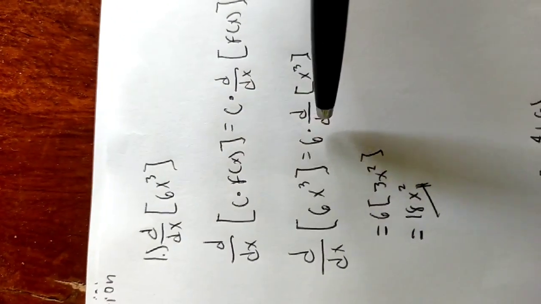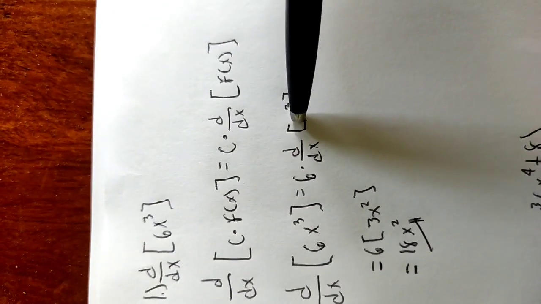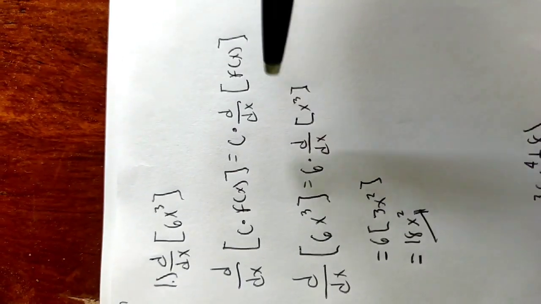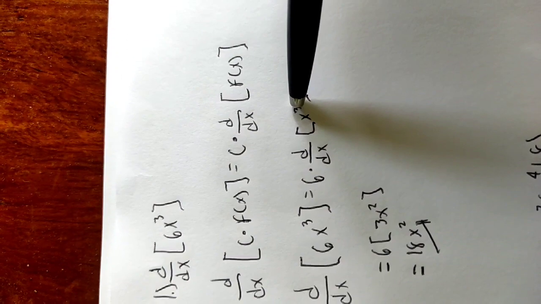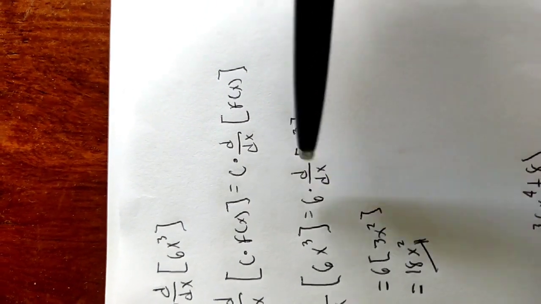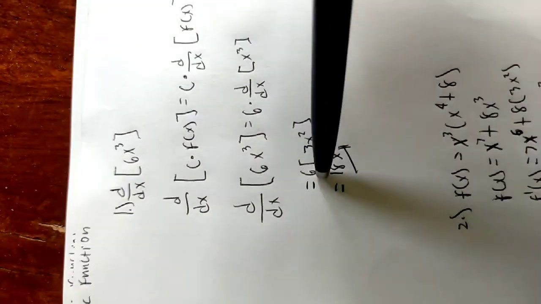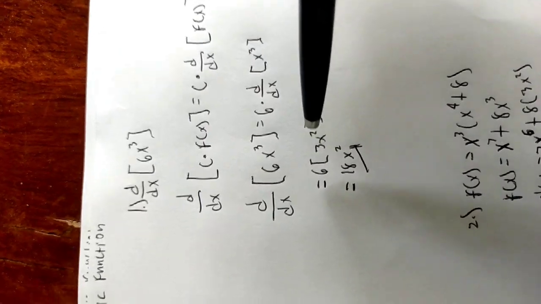Why 3x squared? Because we just transfer the 3 here. It's automatic, there's a 1 here, so 3 times 1 is still 3x, and the exponent here, there's a minus 1 if you transfer it, so that becomes squared. And if we solve this, that will be equal to 18x squared.